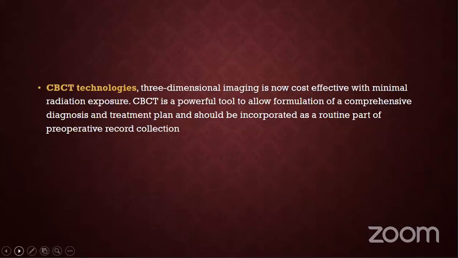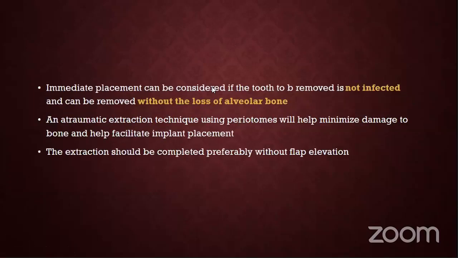CBCT is used for evaluation of bone, vital structures in the jaw, and root formation. Immediate implant placement can be considered if the bone is not infected and the tooth can be removed without loss of alveolar bone.